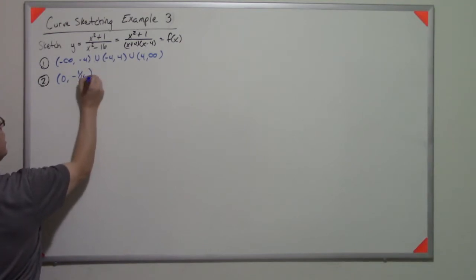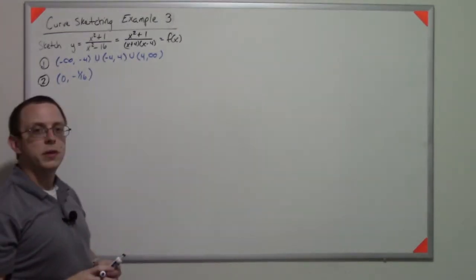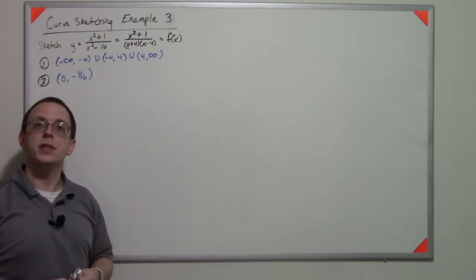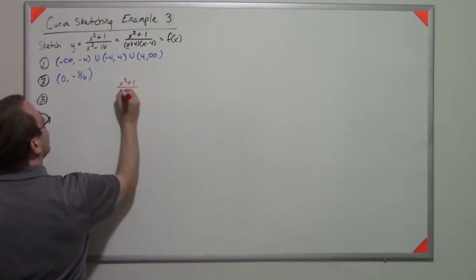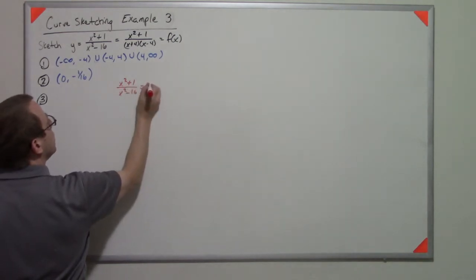So that is our y-intercept. Now when we get our x-intercepts, we're solving when this is equal to 0. So we're trying to say x squared plus 1 over x squared minus 16 is 0.